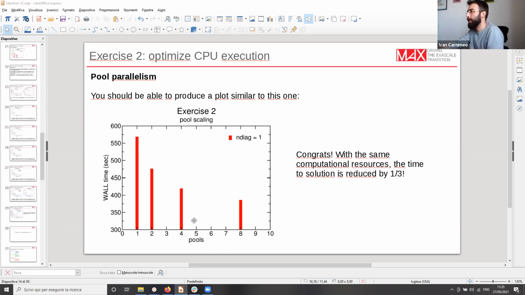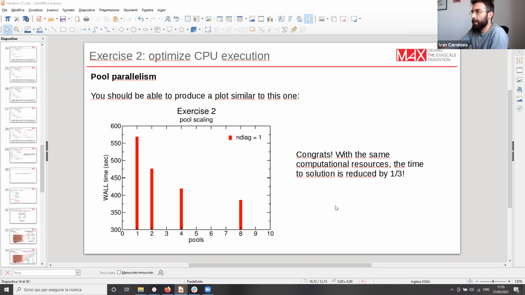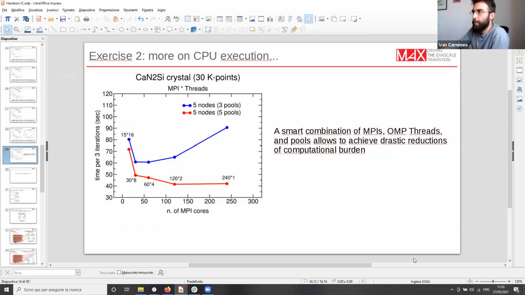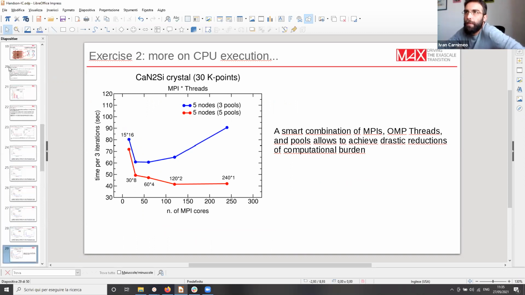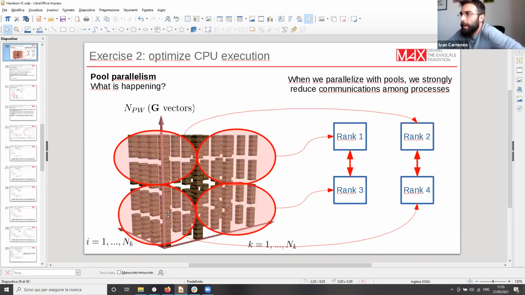I assume that most of you have submitted the calculations and are waiting. So I think I can show you another slide regarding pool parallelism, on the basis of what we have just said. So let's take this slide.